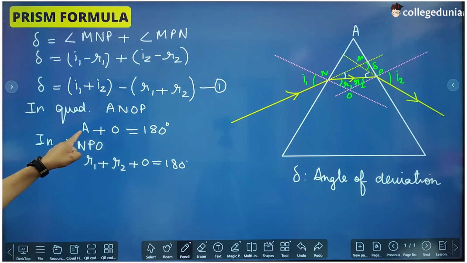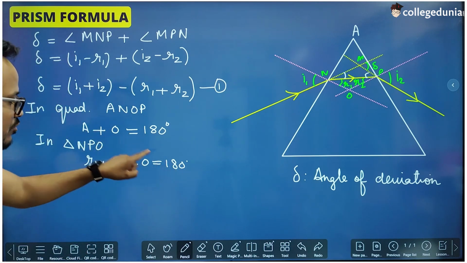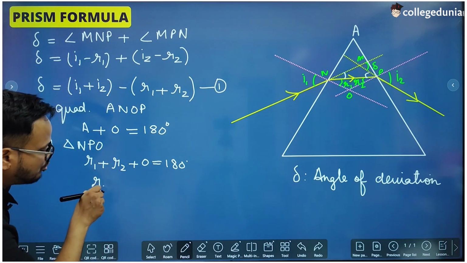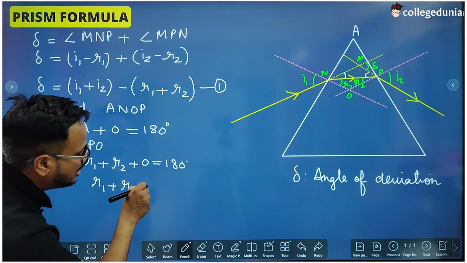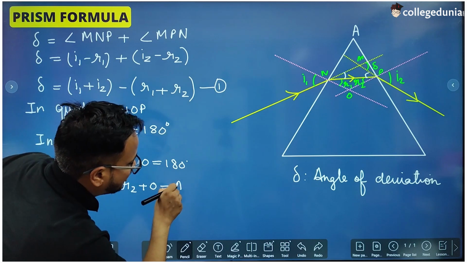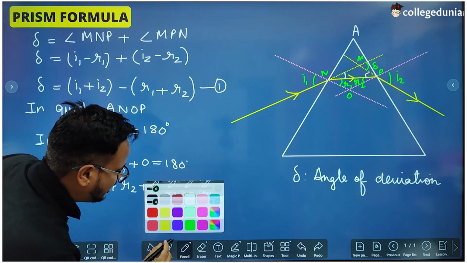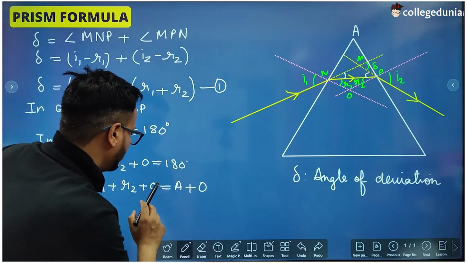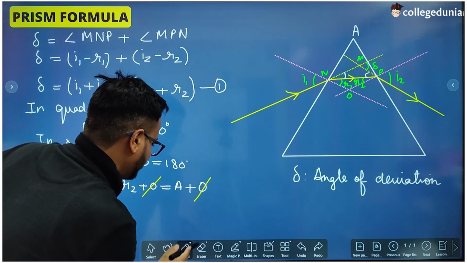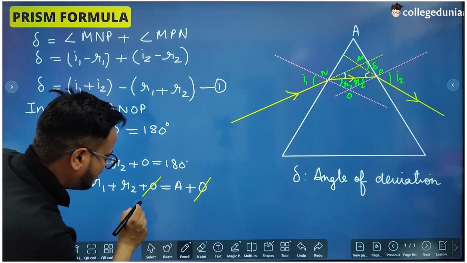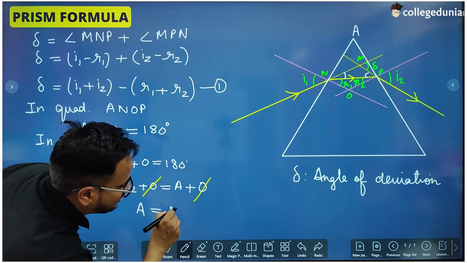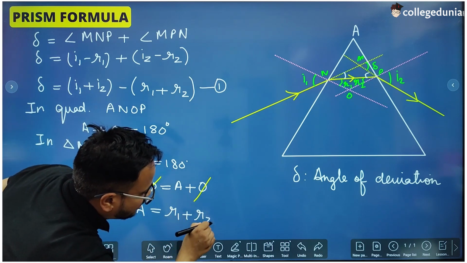So in place of this 180 degree, we can write A plus O. So this O gets cancelled. So we can say that the value of A is R1 plus R2.